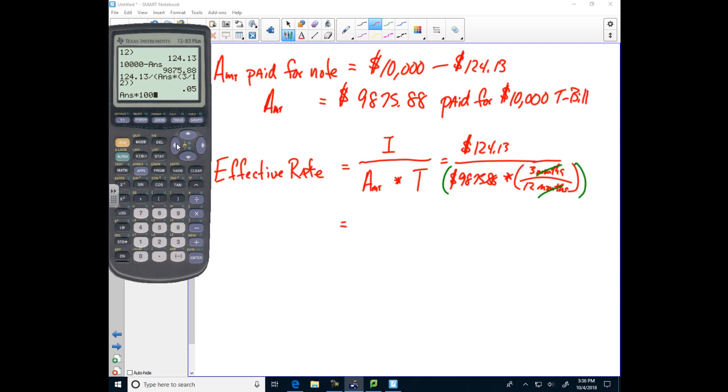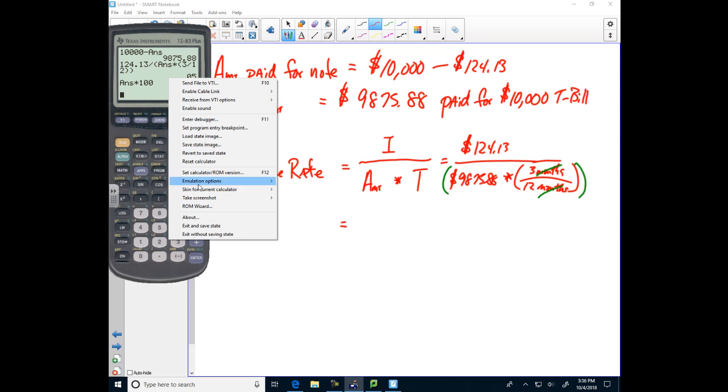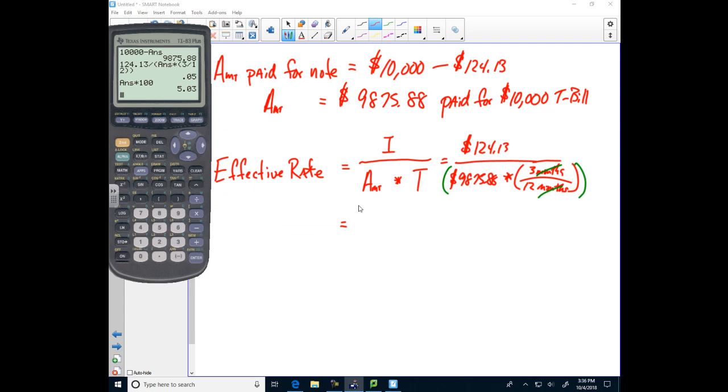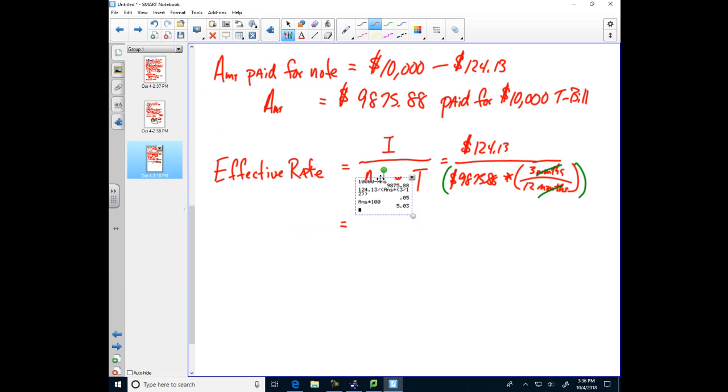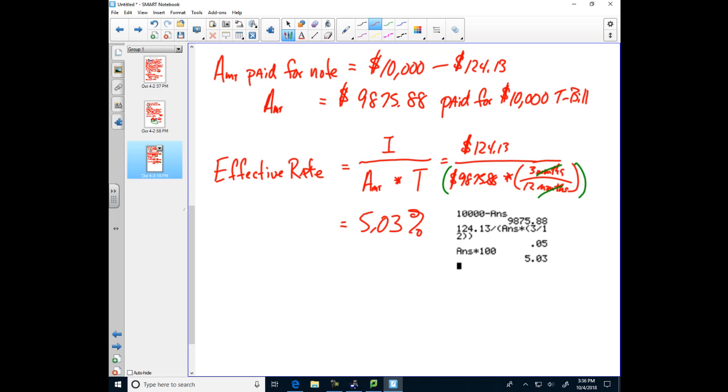Whoops, not 1,000, just 100. So here you see it's actually 5.03. Now let me write this down: 5.03%.